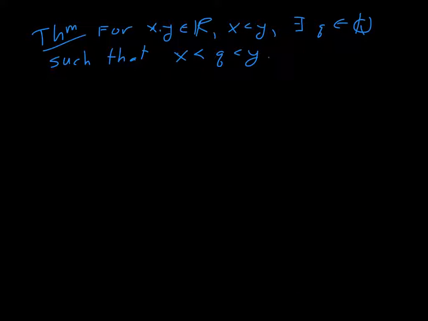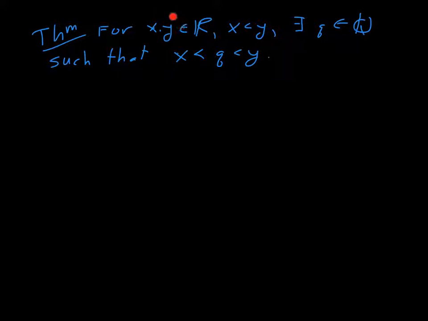And so here's the important theorem that lets us say that the real numbers are complete. If I take two real numbers, call them x and y, and we'll just assume, without losing any generality, that x is less than y.